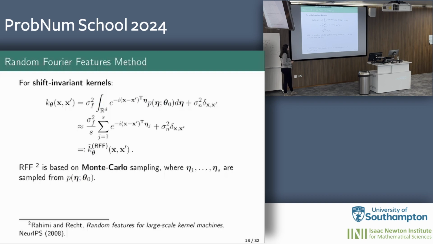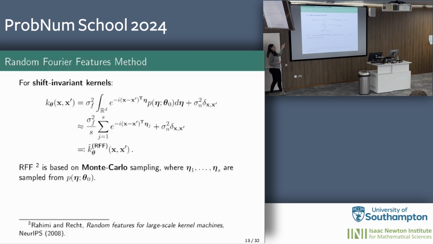So what you can do when you have integrals is some kind of numerical integration, right? The most naive approach to me is just doing Monte Carlo sampling. There is a very popular method that was suggested in 2008 by Rahimi and Recht.